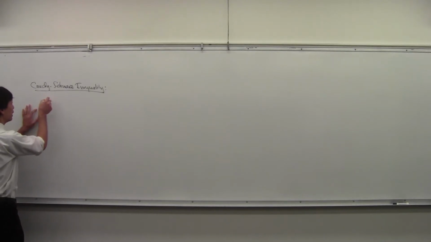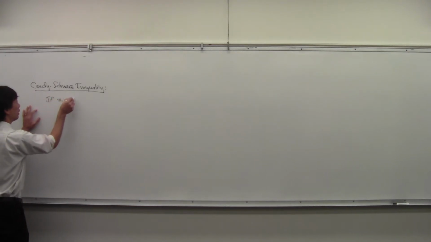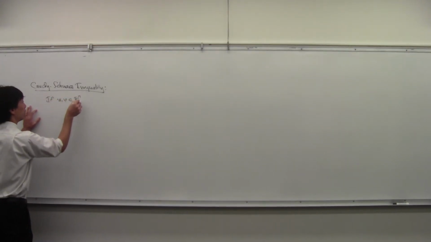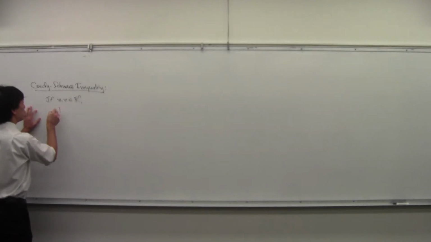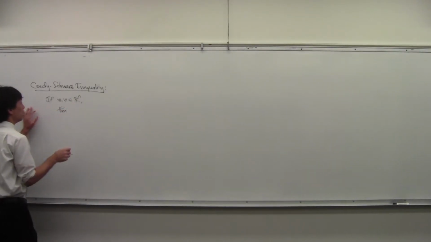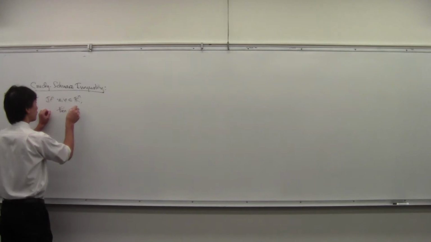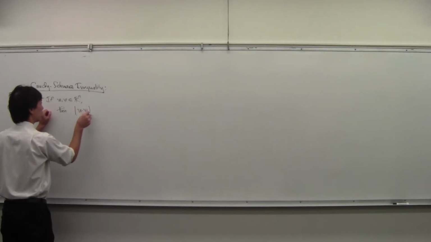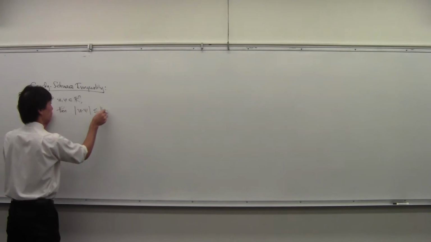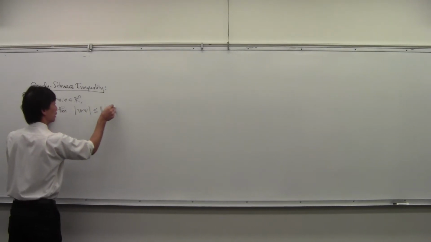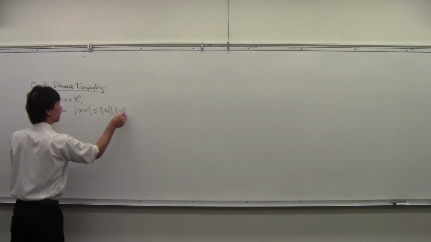The Cauchy-Schwarz inequality says that if u and v are vectors in R^n, then the magnitude of u dot v is controlled by the magnitude of u times the magnitude of v.